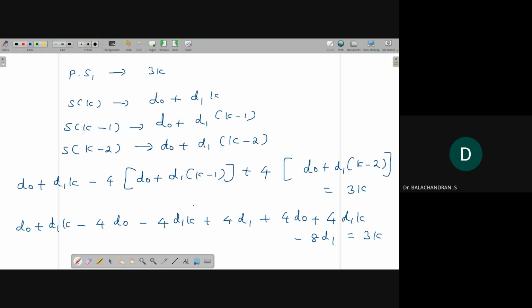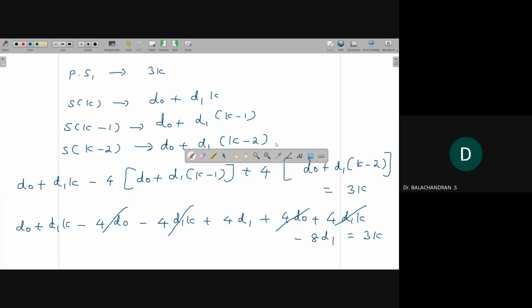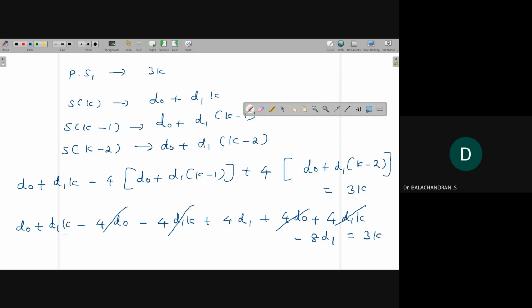Yes, this cancels, and then d naught minus 4 d naught plus 4 d naught. Okay, and then the constant term d naught, is there any d naught? No, d naught, and then minus here you can look at this one, minus 4 d1. This is a constant term, and this one d1k plus d1k, I think I took everything, which is equal to 3k.